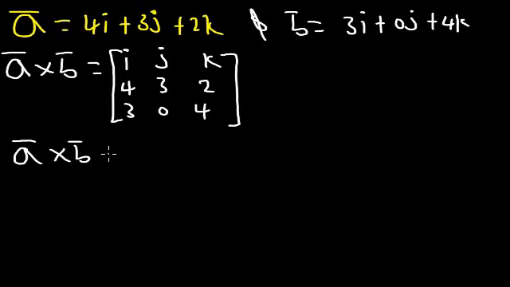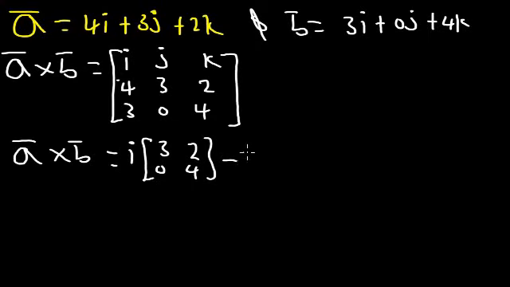You need to find the magnitude in case it is required. So A cross B will be equals to i, then in a bracket, exclude all the elements in the same row as that of i. Include everything left over. That is going to be 3, 2, 0, 4.